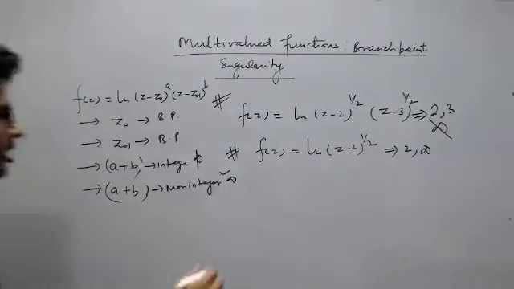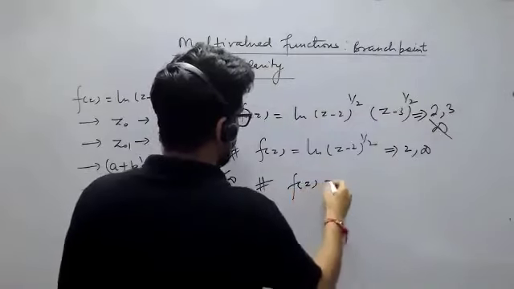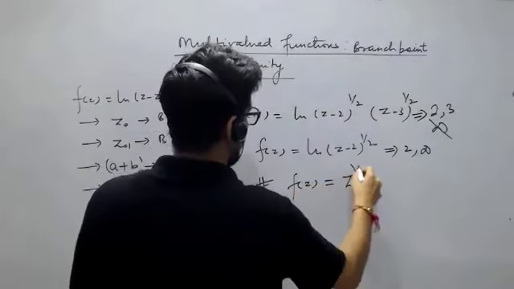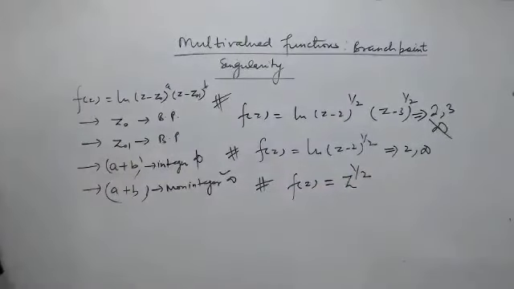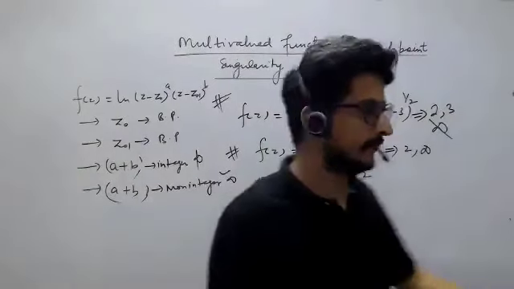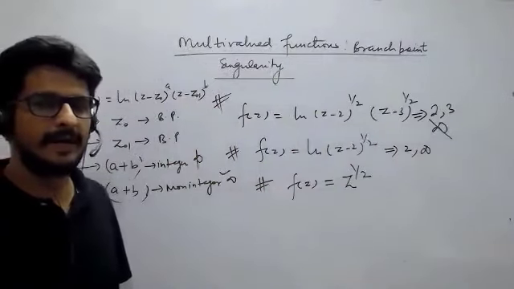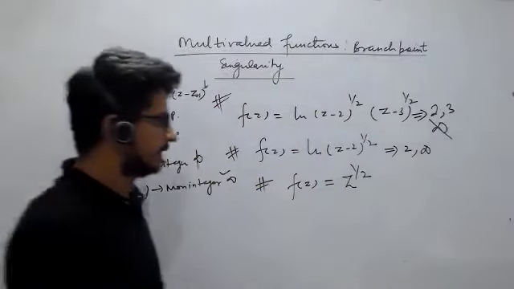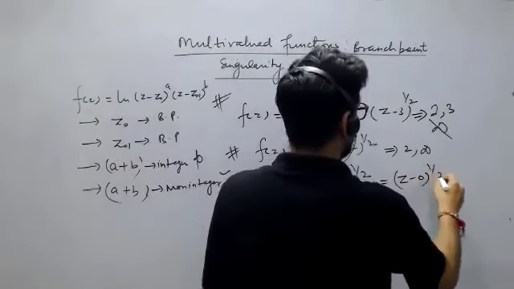So similarly, please see this. f of z is equal to z to the power 1 by 2. This is also a multi-valued function. So if you write it, it will become z minus 0 to the power half.